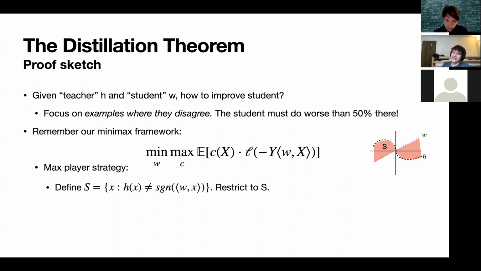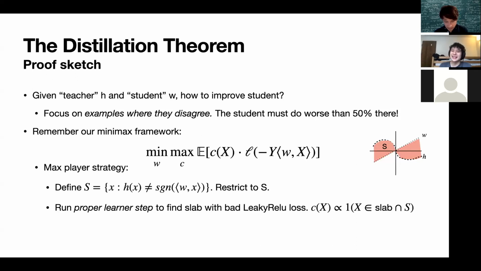And now this is really great, because all of a sudden the student W is really bad on this region. So basically, we can just run the proper learner, because the student gets above 50% error. Our proper learner can find a half space which has less than 50% error. Actually, we just run a single step of the proper learner.